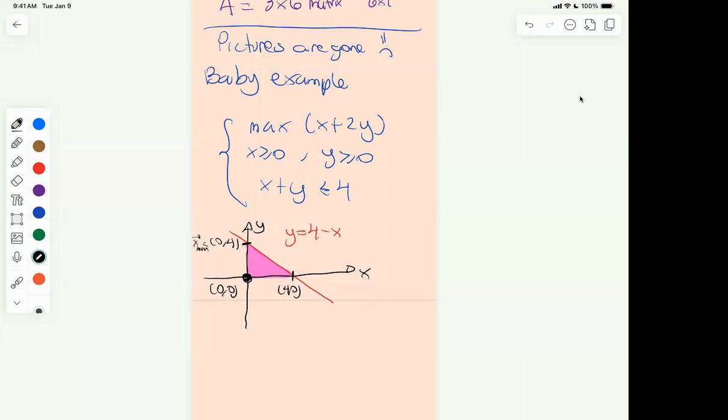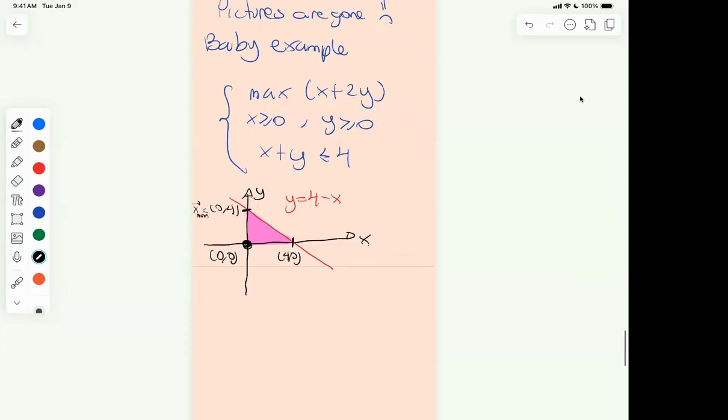So good. Question: if I had written min instead of max here, with min it would have been the origin, right? Which is kind of silly, which is why I didn't want to put it. So X max is (0, 4) if you're trying to find the max of X plus 2Y.